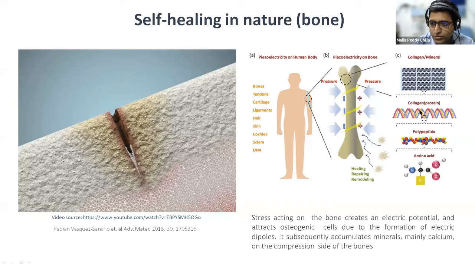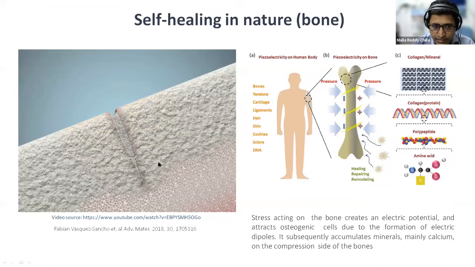So since you have polar structure here, all the polar structures are bound to be piezoelectric, right? So that is why bone actually has some piezoelectric or flexoelectric behavior, and because of that, when the bone fractures, you have charges here, potential electrical potentials, and that brings the cells which come here and deposit the minerals. So that is how the crack heals here.